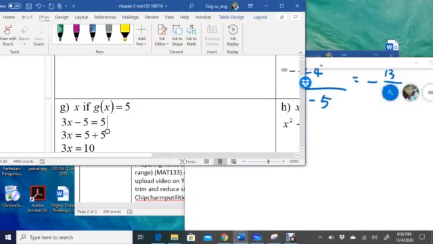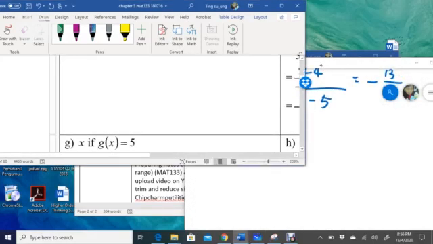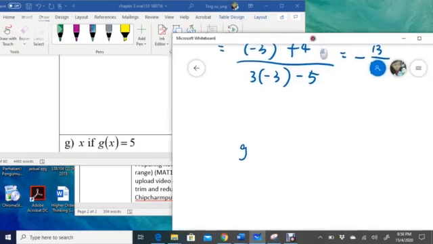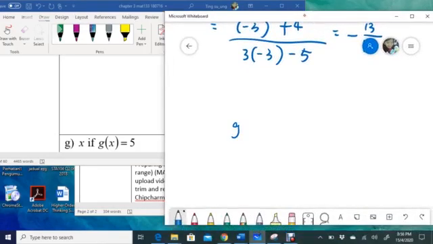Okay, the question said find x if g(x) equals 5. The question already gave you g(x) equals 5. So what is your g(x)?